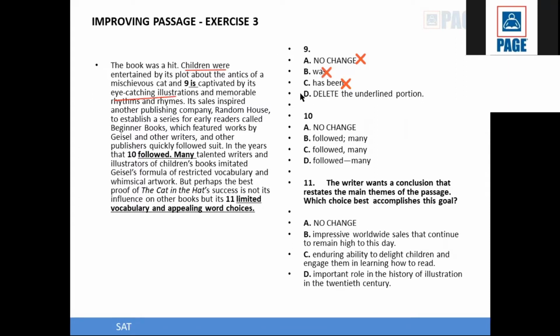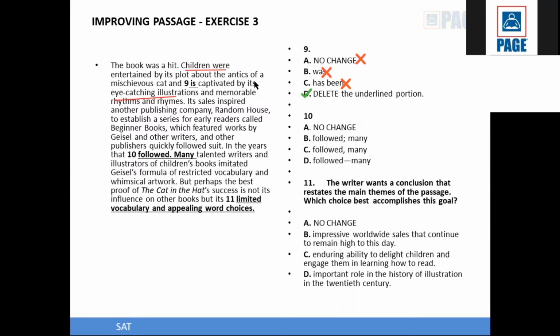So the direct answer: better remove it, because no other option matches. We cannot go with no change because it is "is." You should go with the past. No other word actually matches. We can't go with "was" because they're talking about children, not the antics of a mischievous cat. Children were entertained and children were captivated by the eye-catching illustrations. A cat is not interested in illustrations in a textbook. So it cannot be "was," and it can't be no change. So answer is D. Delete that word "is."